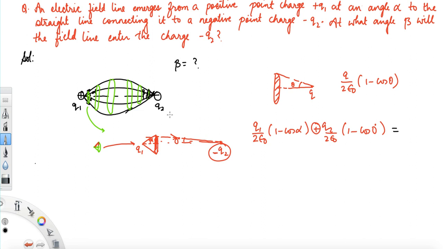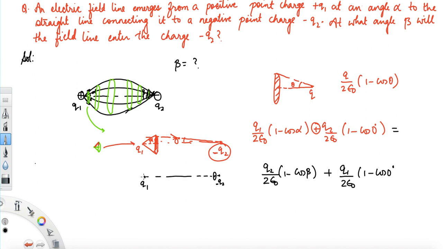this cross section very close to q2. Then in that case we can write in a similar fashion: it will be q2 over 2 epsilon naught times 1 minus cos of beta in place of theta, plus q1 over 2 epsilon naught times 1 minus cos of, again, 0 degrees, because if we consider a cross section very close to q2, and q1 is here, this angle is going to be nearly 0 degrees, and this angle, by the way, is beta.